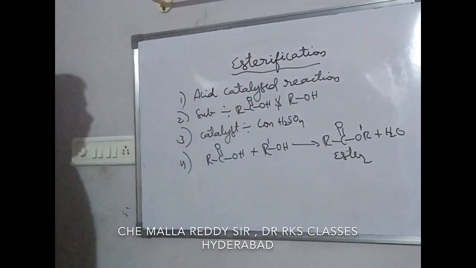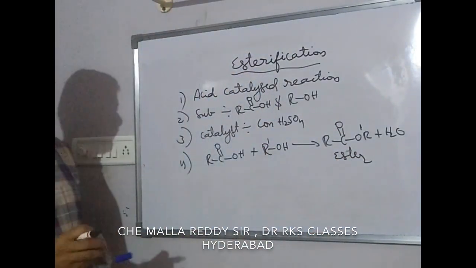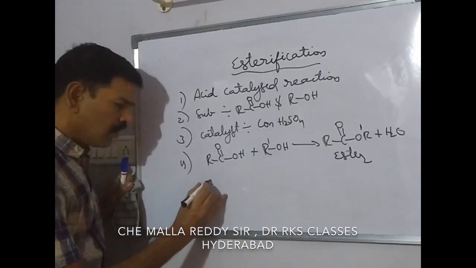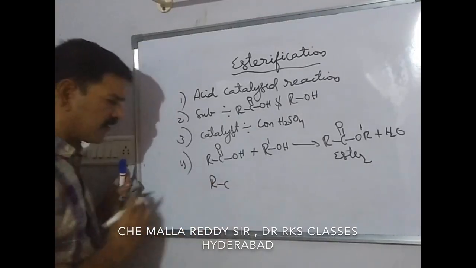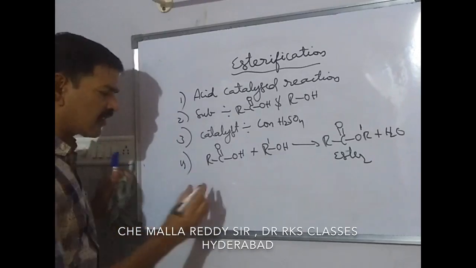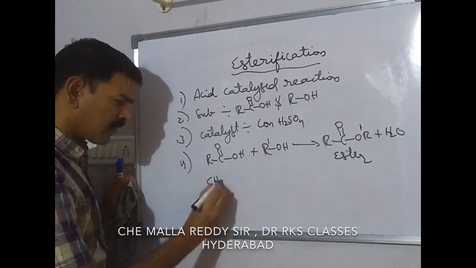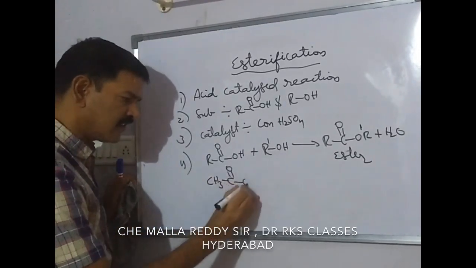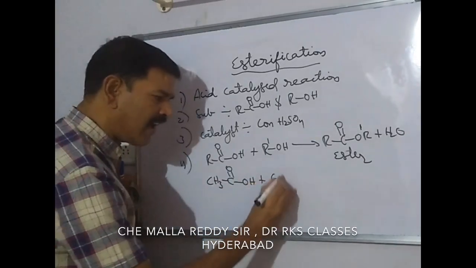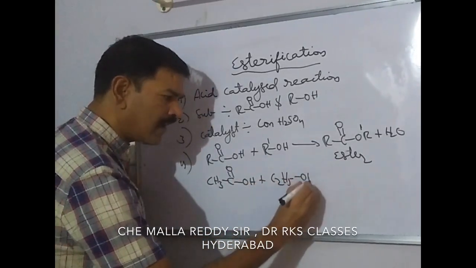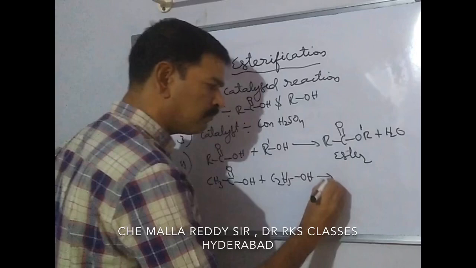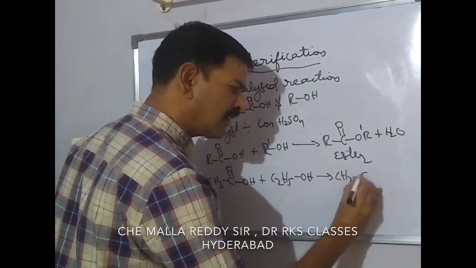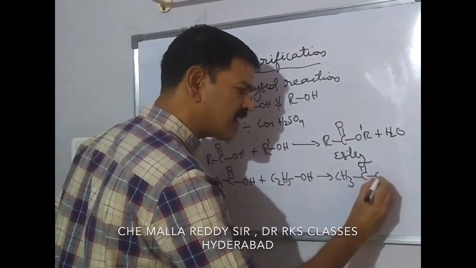This is esterification. For example, here acetic acid reacts with ethyl alcohol to form ethyl ethanoate. This is an ester.